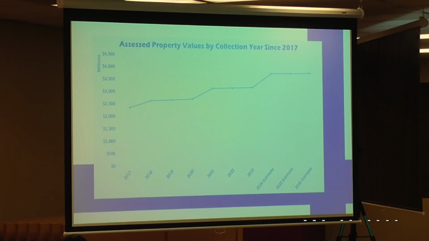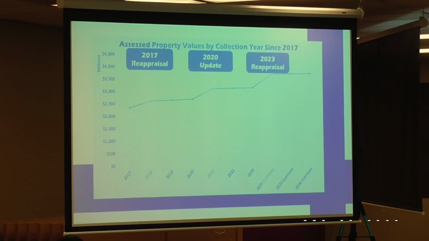This is a graph of our actual assessed property values from 2017 to 2023, and then I have estimates for 2024, 25, and 26. So the state of Ohio has the county auditors reappraise properties every 6 years, and then they do an update every third year in between.